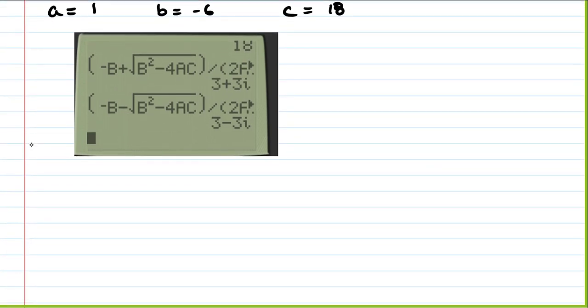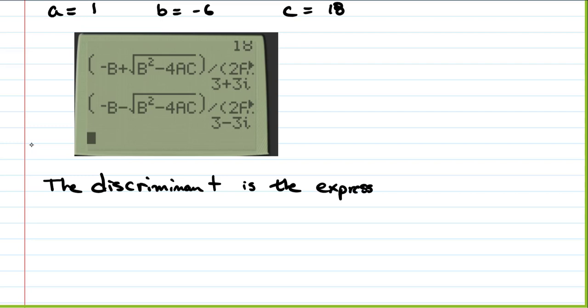The next thing we wish to speak about is called the discriminant. So the discriminant is the expression under the radical in the quadratic formula.